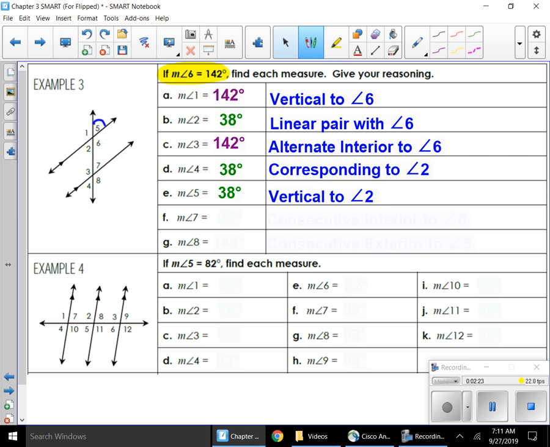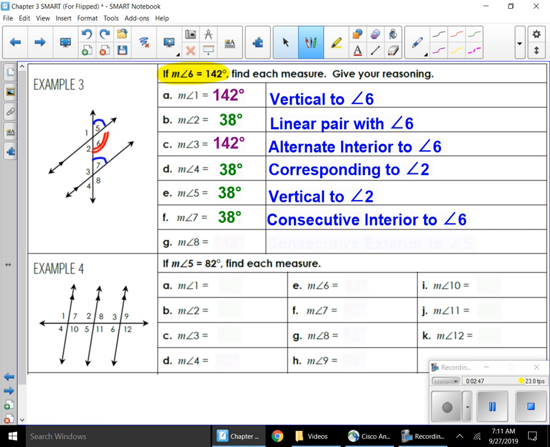Jumping down to angle 7, you can see quickly that angle 5 is congruent to angle 7. Angle 5 is the one we just did because those are corresponding angles. So that one will also be 38. The reason that I chose was consecutive interior to angle 6, just to spice things up a bit. Angle 6 and angle 7 are consecutive interior, so they're supplementary.